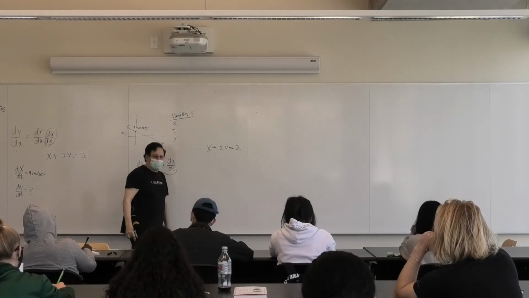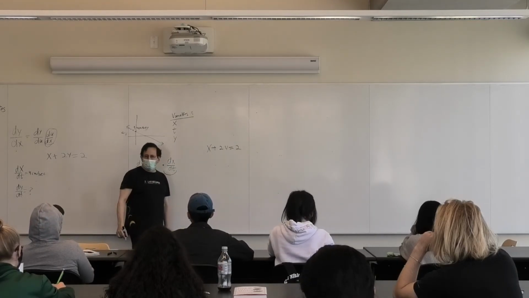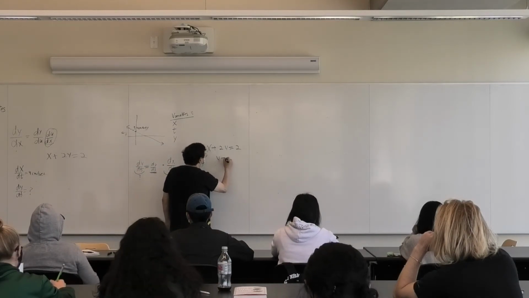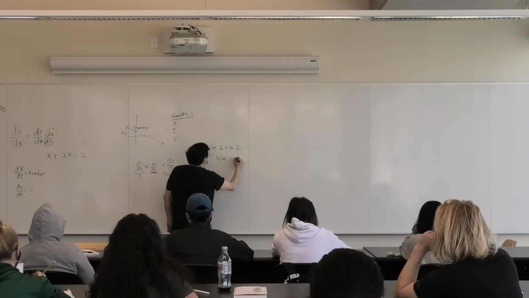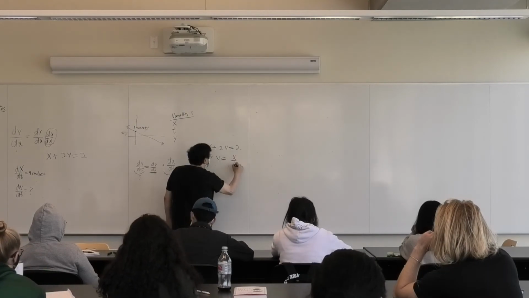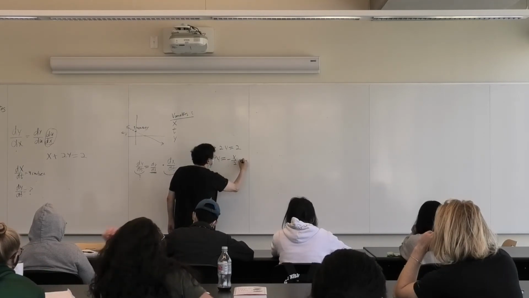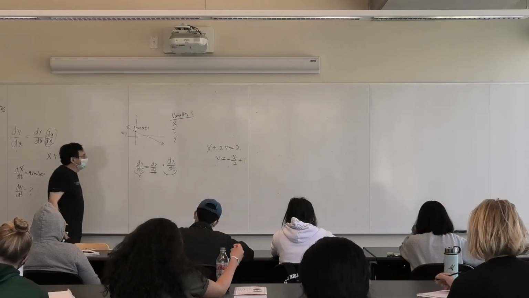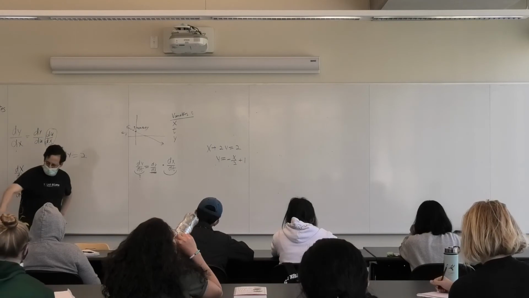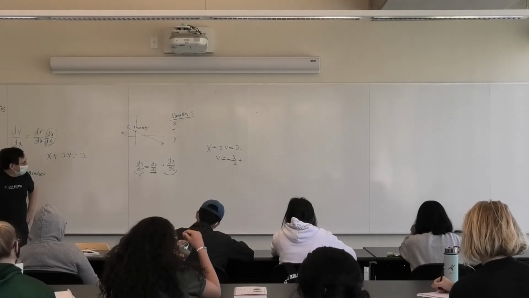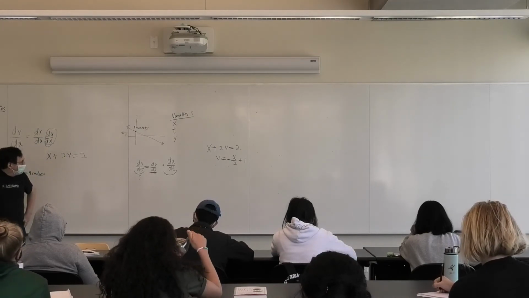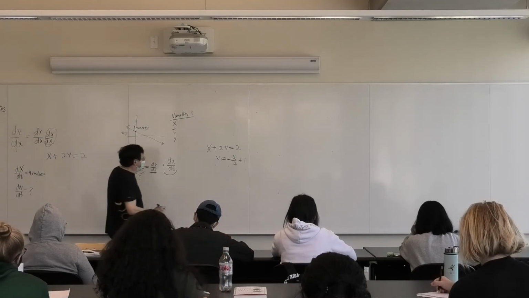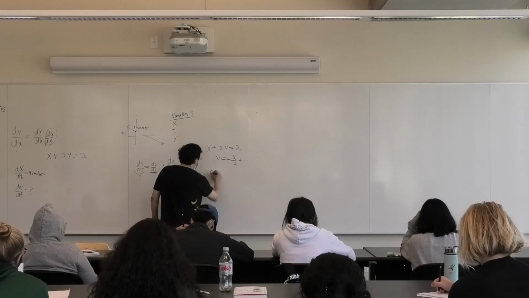I'm going to put this into slope intercept form. So what's my rate? It's my dy/dt, I mean dy/dx.